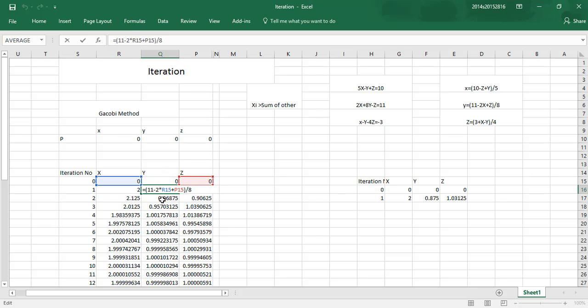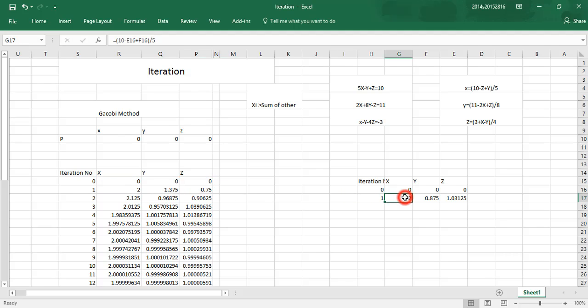For y, we substitute the values of x and z from the previous iteration.